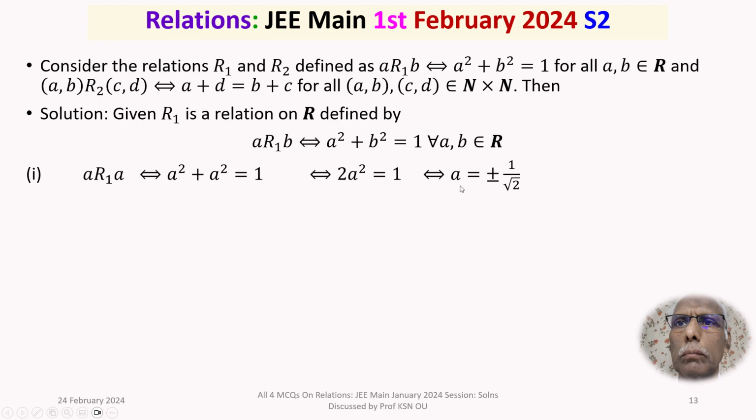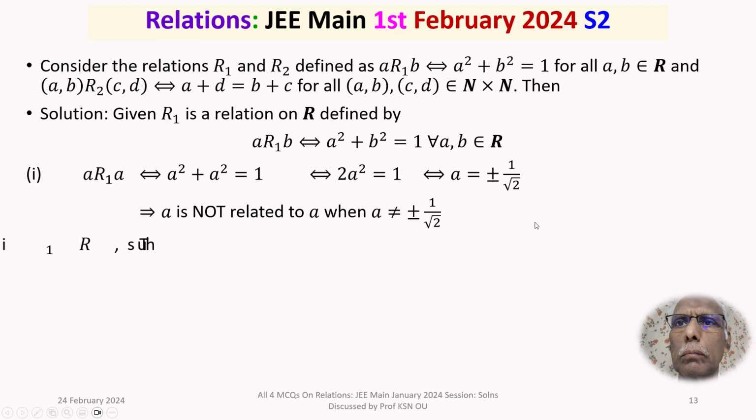That means if A is chosen not equal to plus or minus 1 by root 2, then A is not related to itself by the relation R1. This implies A is not related to A when A is not equal to plus or minus 1 by root 2.